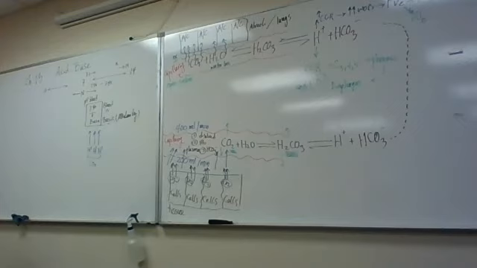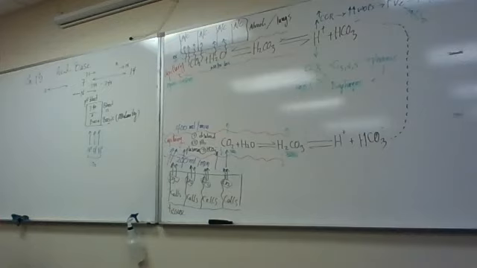Another equation which is used a lot is the Henderson-Hasselbalch equation. You do not need to do the log of anything during the board exam. But this equation is good for you to understand, to analyze, to realize what is going on.